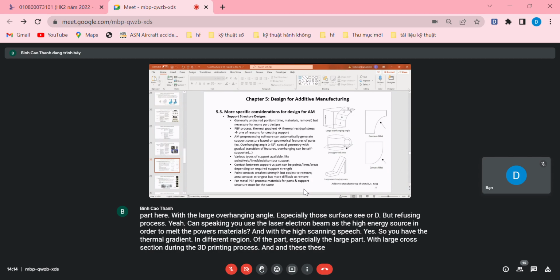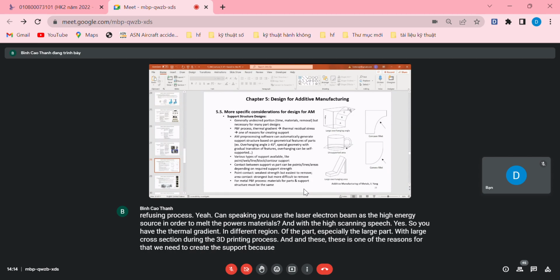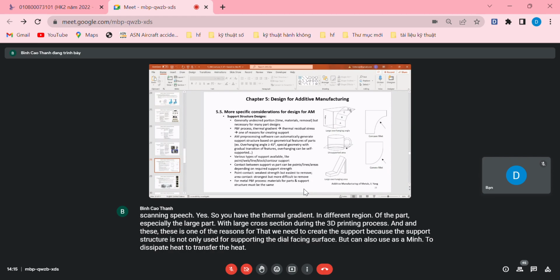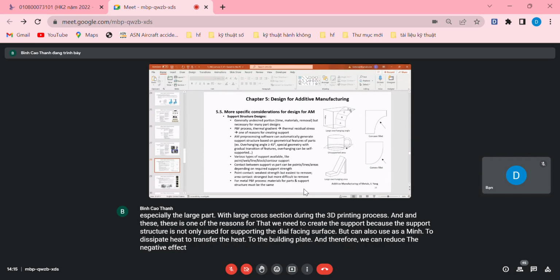This is one of the reasons we need to create a support, because the support structure is not only used for supporting the down-facing surface, but can also be used as a means to dissipate heat, to transfer the heat to the building plate, and therefore we can reduce the negative effect caused by the thermal gradient.